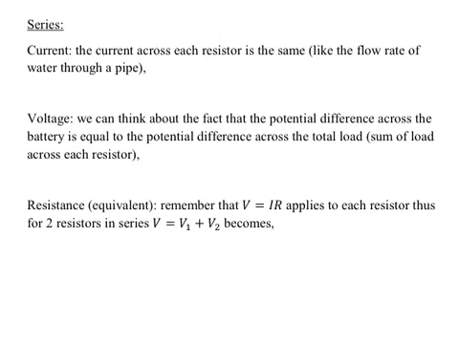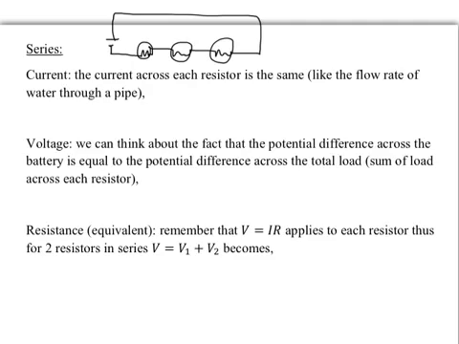Current. The current across each of the resistors is the same, like the flow rate of water through a pipe. Exactly. So think about this. Remember, we're in series now. The current is the same throughout because it's like thinking about water in a pipe again.